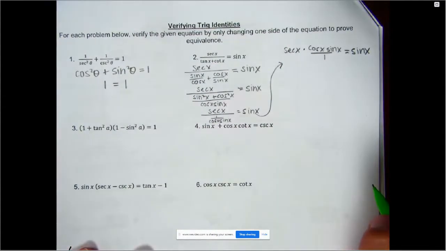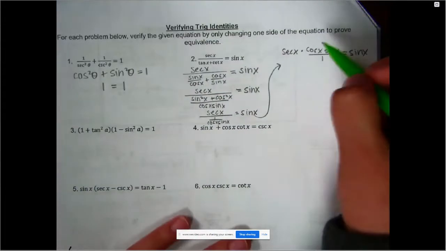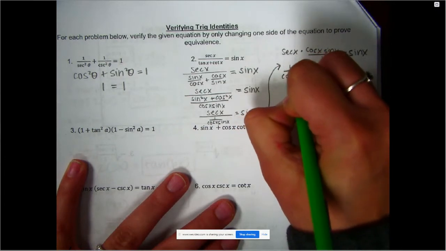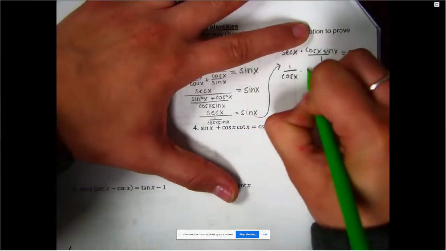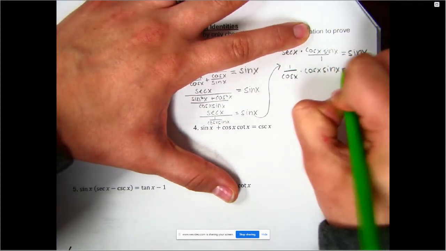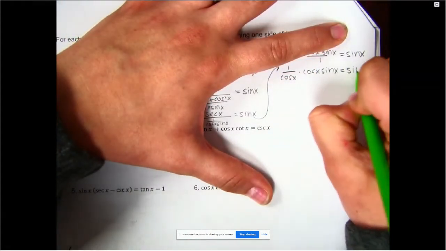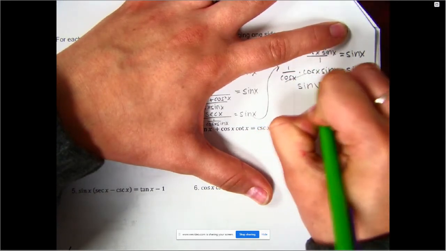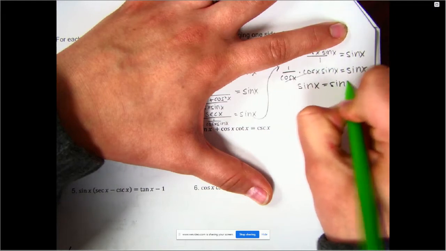So secant times cosine times sine. Well, I know secant is 1 over cosine times cosine sine. The cosines cancel. We're left with sine equals sine. And I'm done.